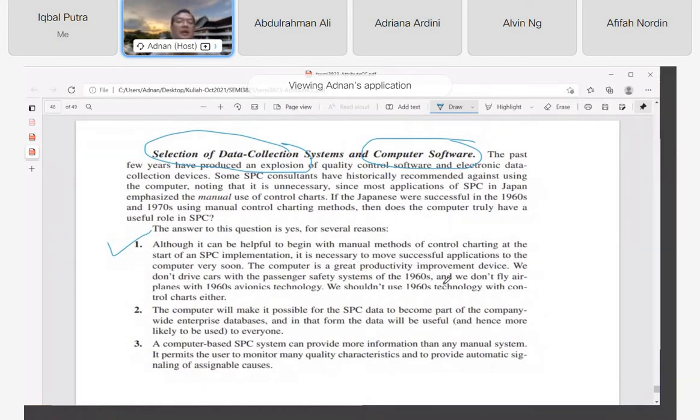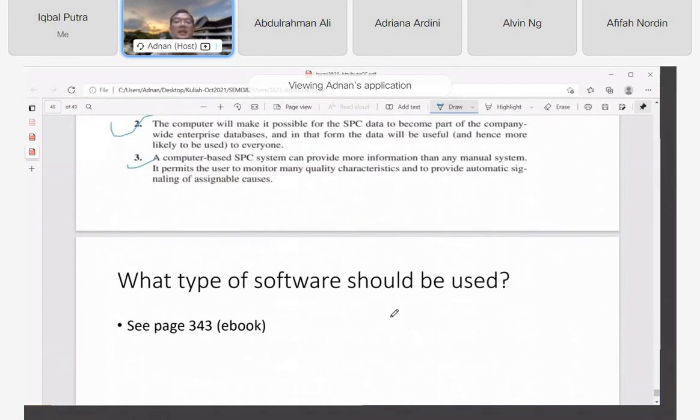But now there is digital equipment for data collection, and that data should be processed by software to assist in the implementation of control charts.